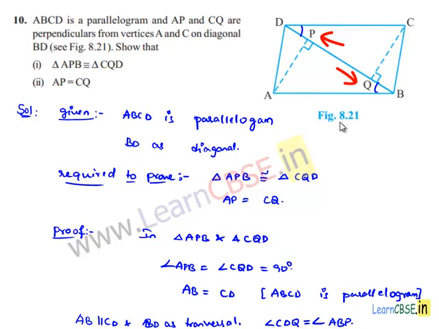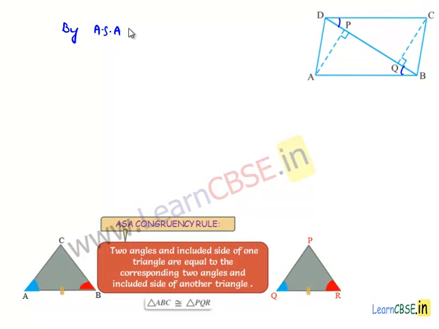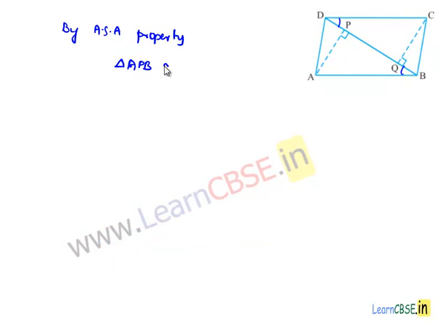So here in the two triangles, two corresponding angles and a side are equal. So we can say by ASA property of congruence, triangle APB is congruent to triangle CQD.